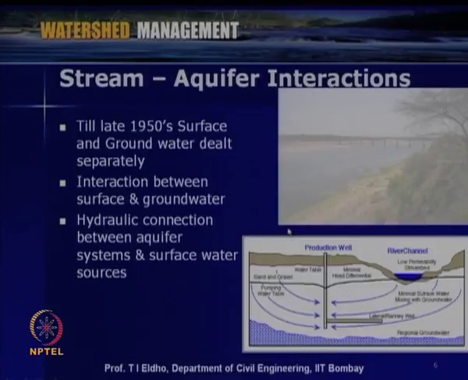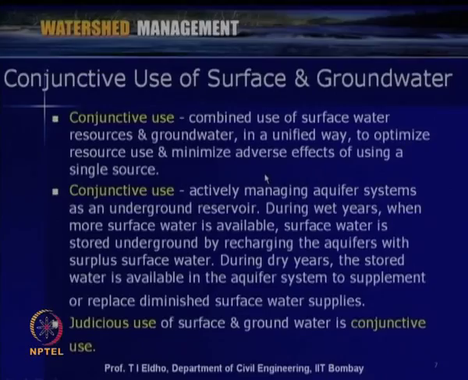Similarly, as I mentioned, if we are not utilizing the aquifer water and the river level is going down, there will be reverse flow from the aquifer system to the river channel. So a lot of interaction takes place between the stream and aquifer, and we have to plan surface water and groundwater utilization accordingly.